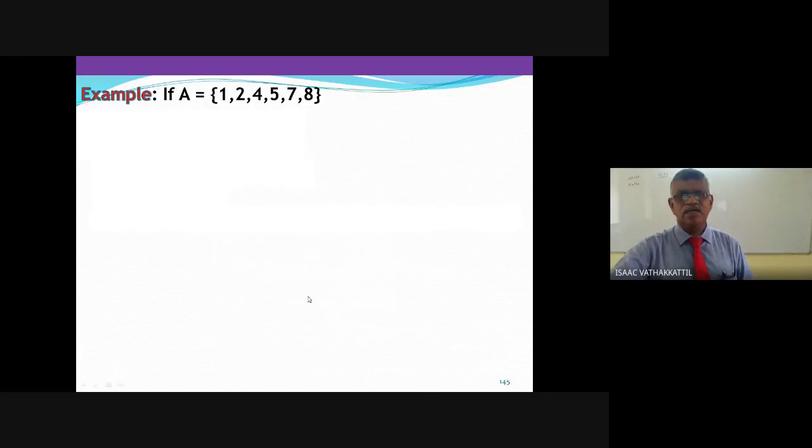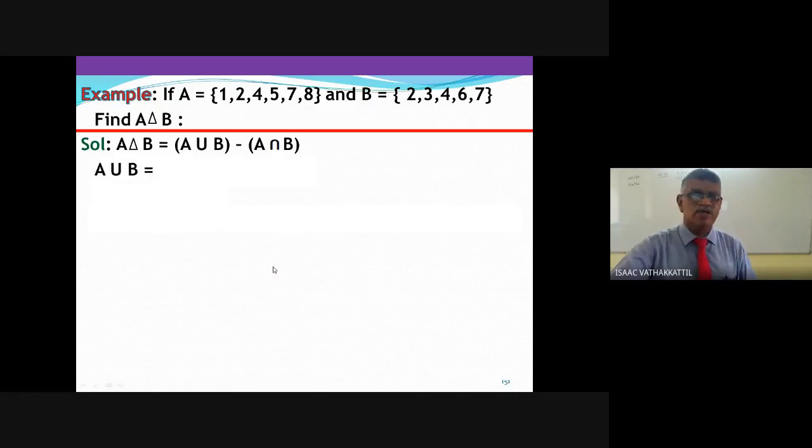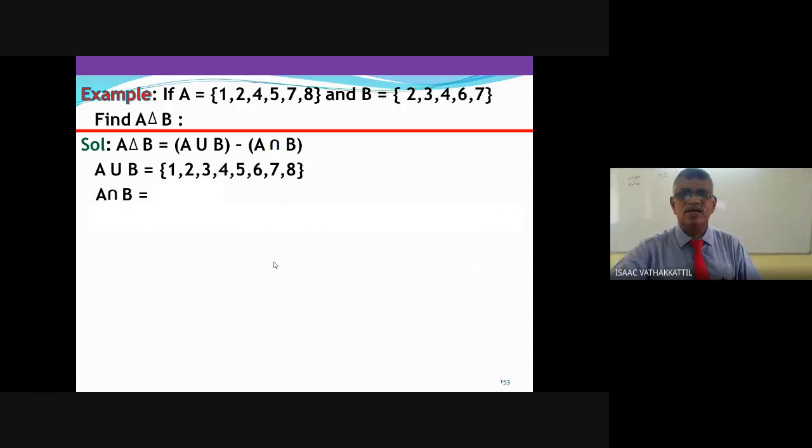Examples are very simple. If you have A and B, how do you find A delta B? You can use either of the formulas, no problem. First, you find A delta B as A union B minus A intersection B. What is A union B? 1, 2, 3, 4, 5, 6, 7, 8. What is A intersection B? 2, 4, 7.